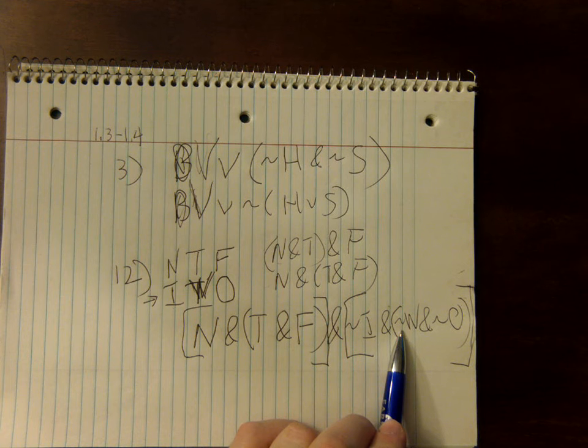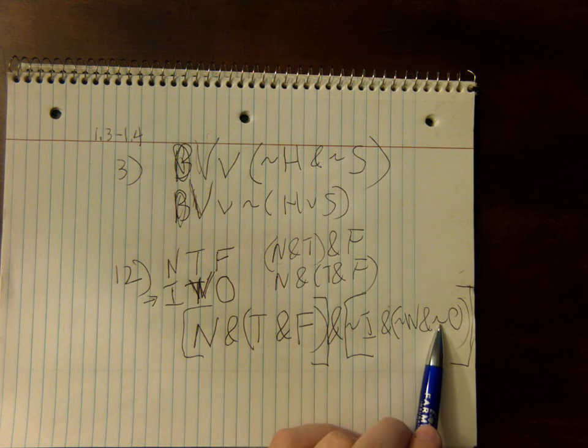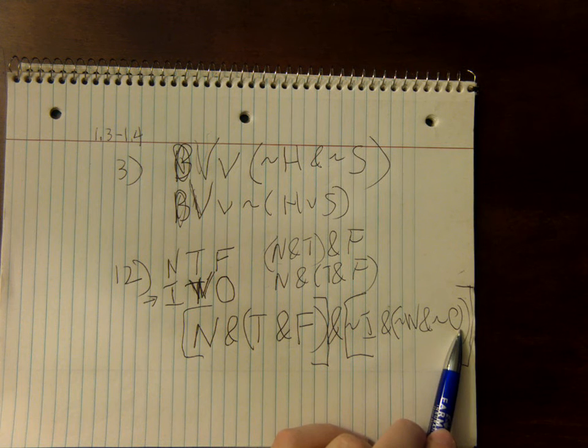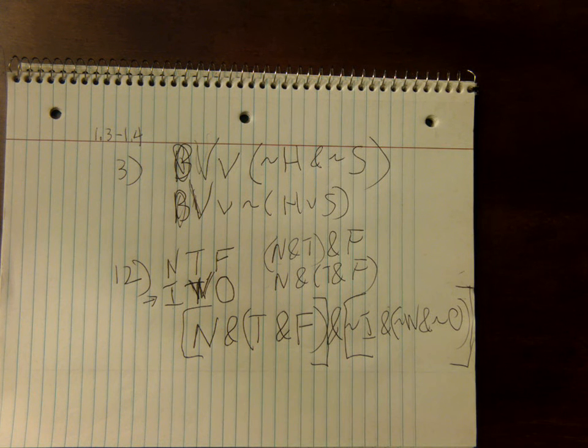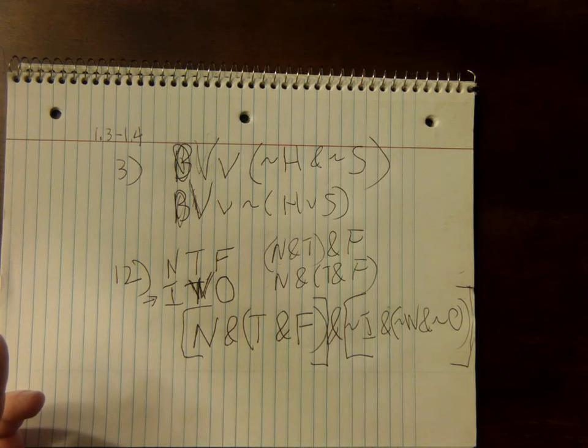Notice the whole statement starts with if. So we're going to have a big horseshoe in the middle here. If what? If two things, then two other things. So if F and C connected some way, then B and E connected some way.